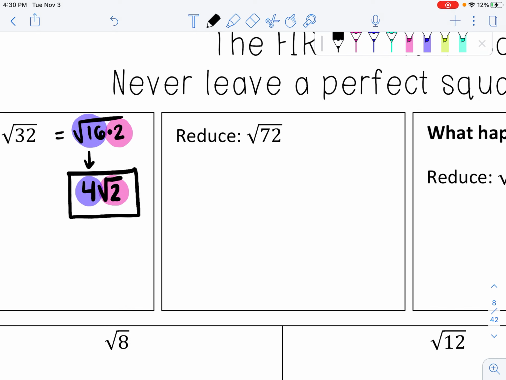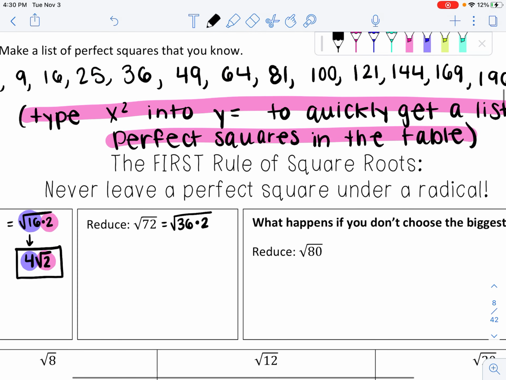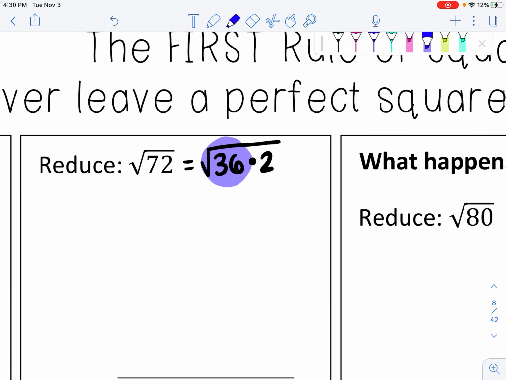So we'll keep working with these examples today. So reduce the square root of 72. Well, I know that 72 can actually be rewritten as 36 times 2. And the reason I chose 36 is because 36 is a perfect square. It's on my list up here. And since 36 is a perfect square, it gets released from the radical.